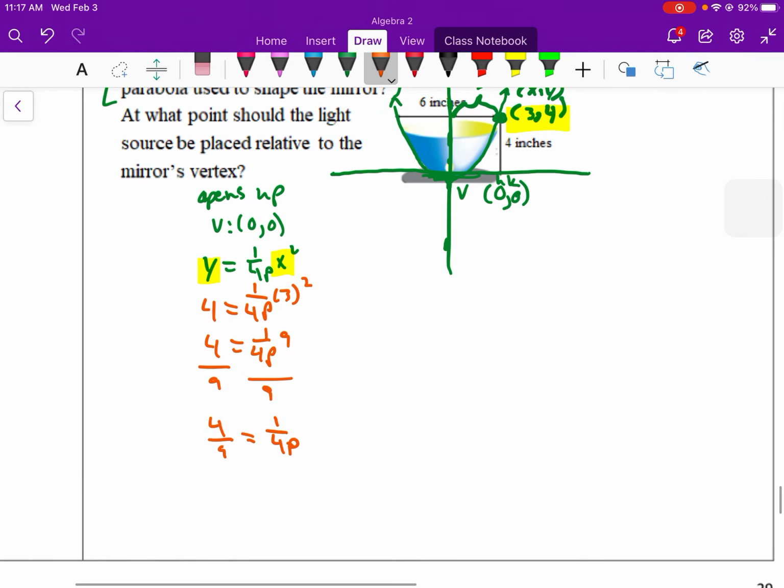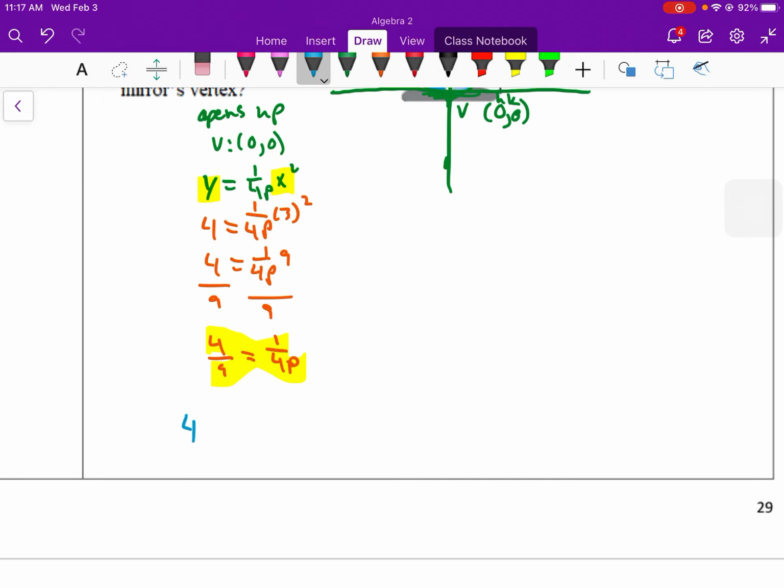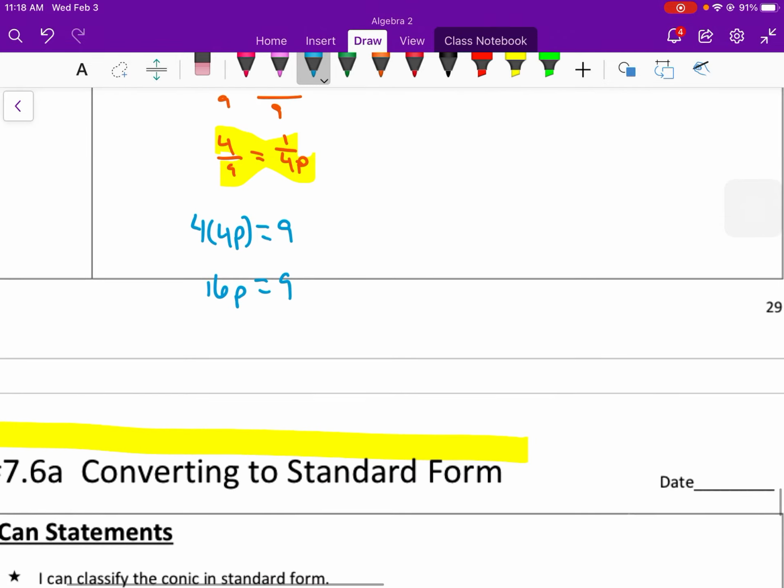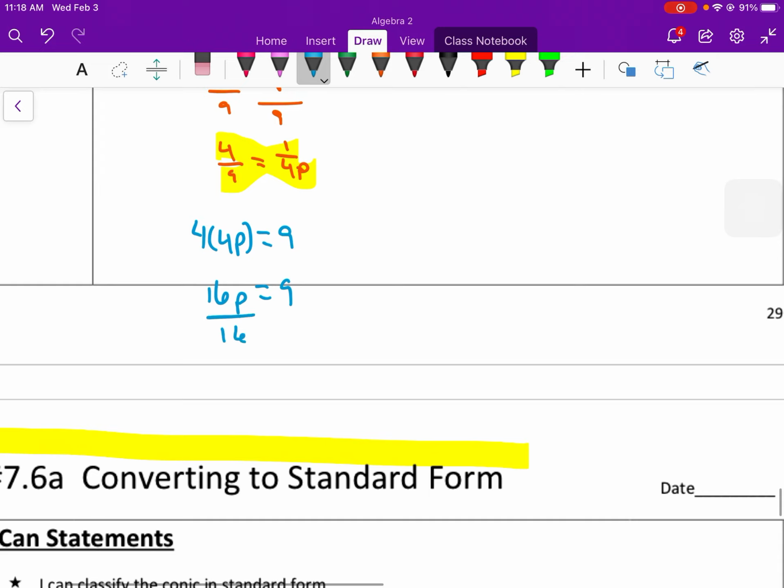We're going to want to cross multiply to solve for p. So we have 4 times 4p equals 9, because it'd be 1 times 9. So 16p equals 9. So then p, divided by 16, p equals 9/16.